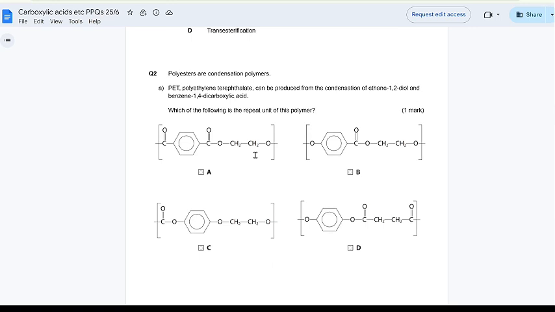Polyesters are condensation polymers. It shouldn't be too hard, so let's just visualize benzene 1,4-dicarboxylic acid. Well, A is surely the only feasible one.